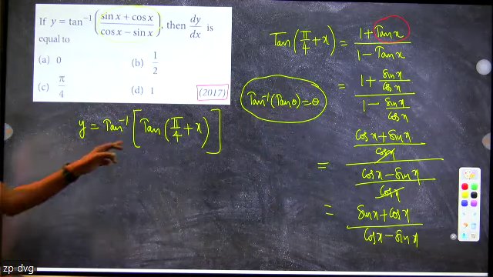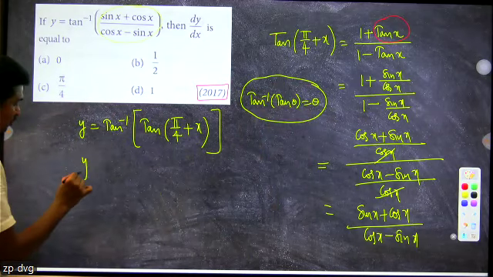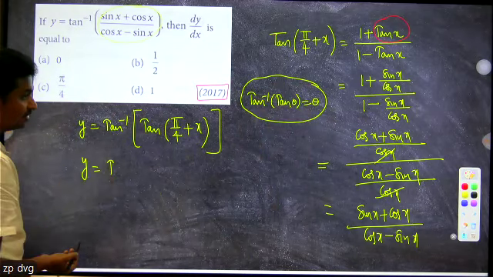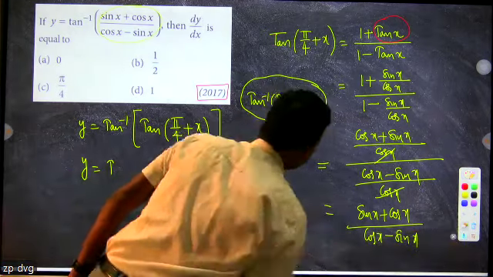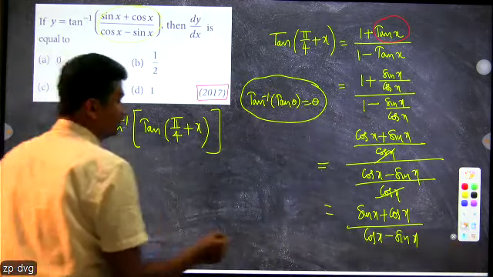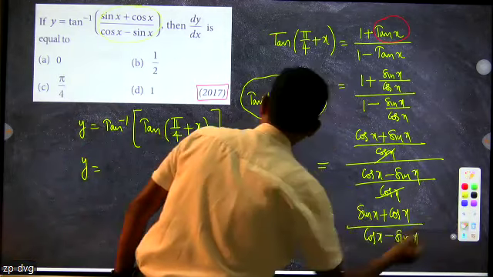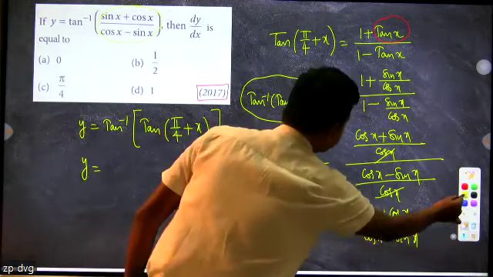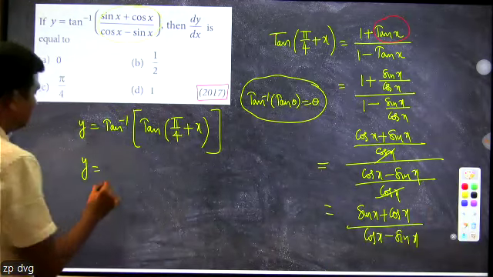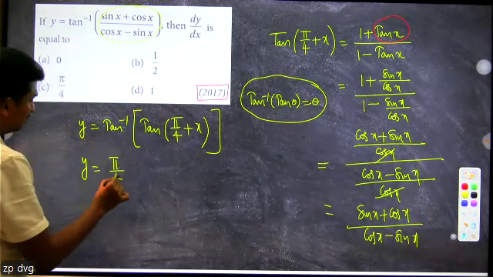So here tan inverse of tan pi by 4 plus x will become pi by 4 plus x.